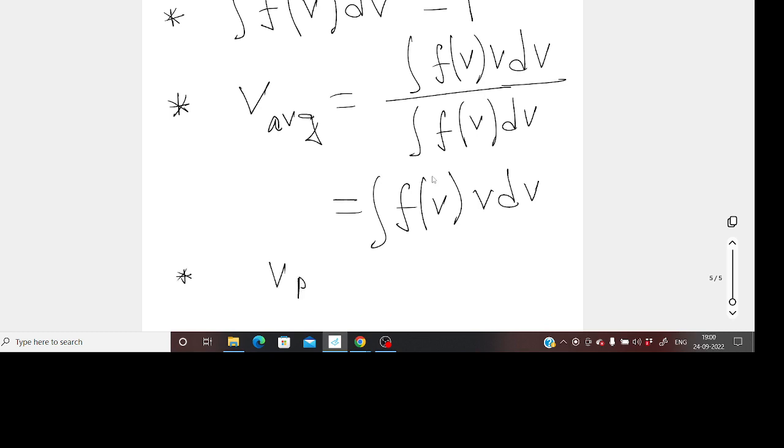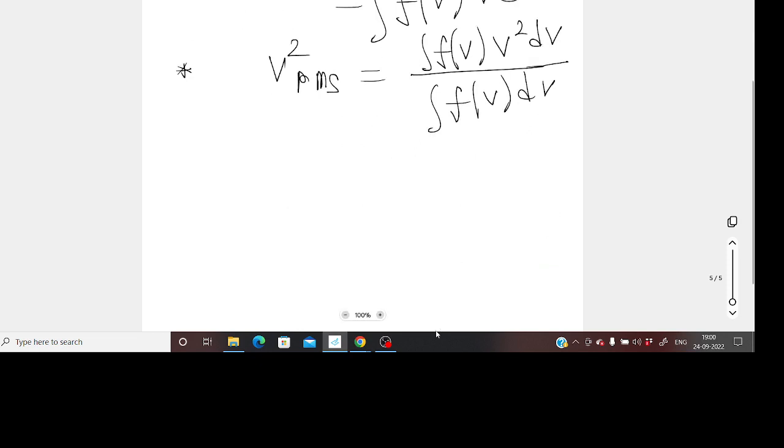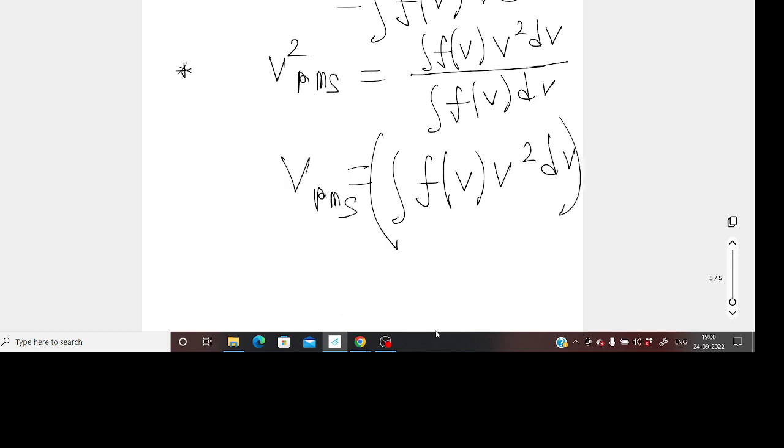And v rms square is equal to this thing, right? This is v rms square. So if you calculate v rms, then it will be right, this thing. Clear? Hello? Yes, sir. Okay.